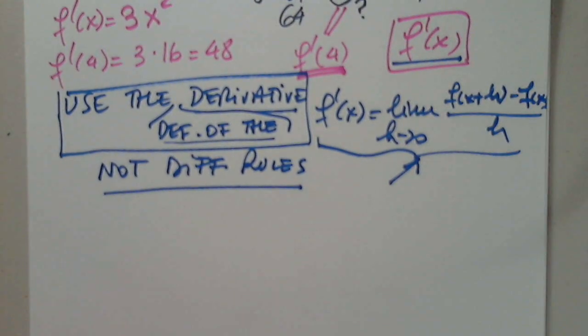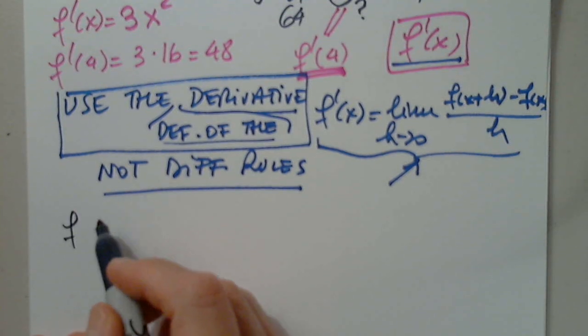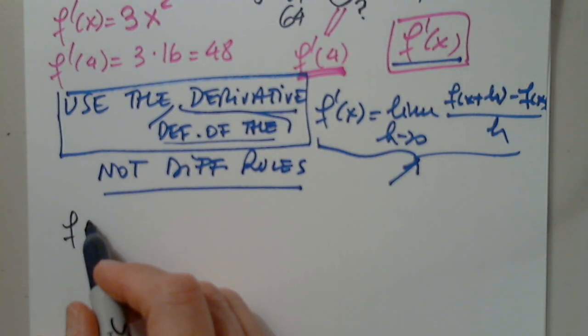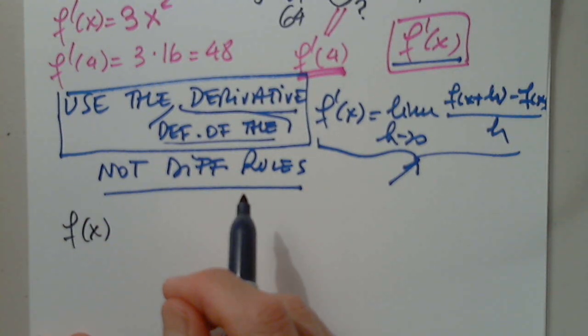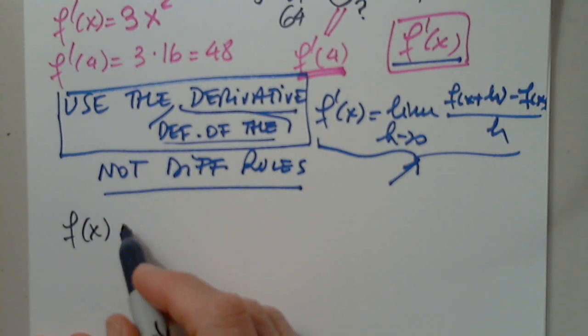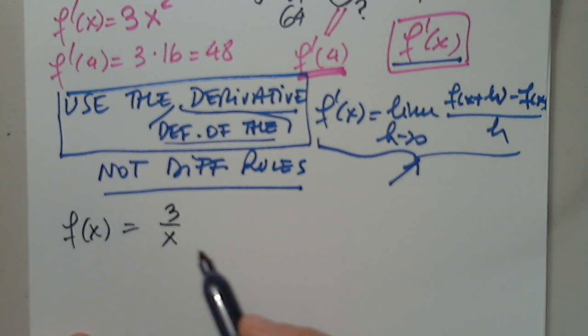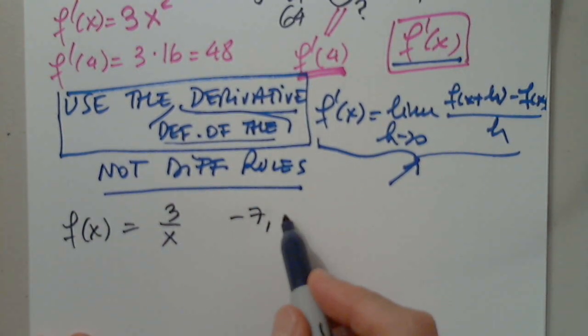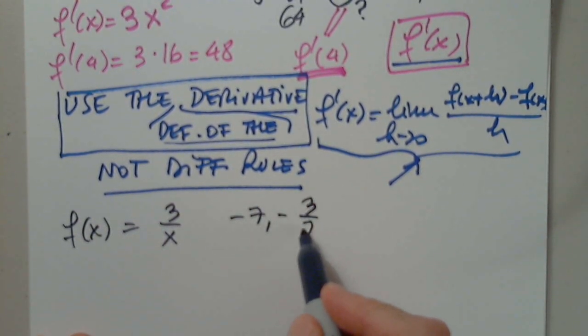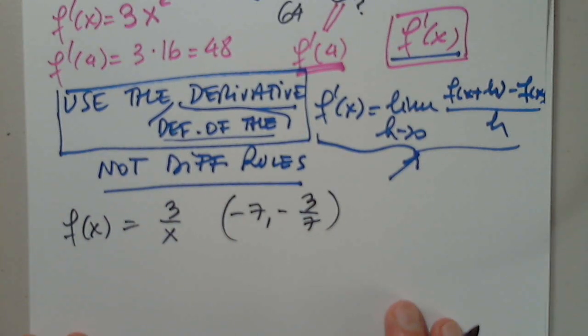So it was a 1.4 question. It says find the equation of the line tangent to the graph, and it was f of x equals 3 over x, at -7, -3/7. And then it says the equation of the tangent line is y equals blank.